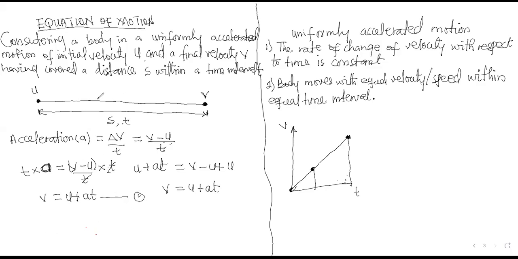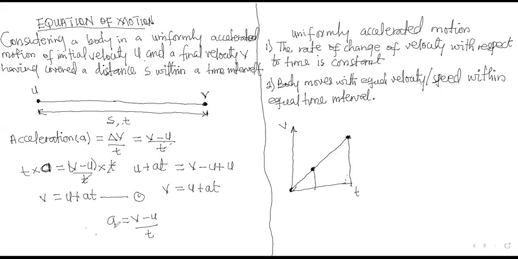Sir, hello, Frank. Please, for me, I cross multiplied both of them and I got V equals U plus AT. Come again. So I cross multiplied both terms, then I got U plus AT. You have A is equal to V minus U over t.